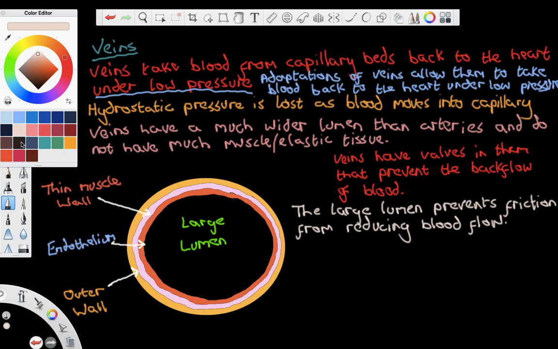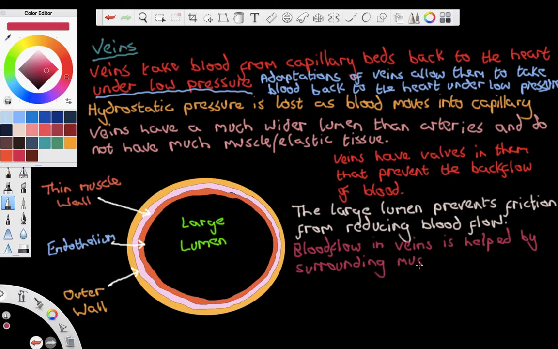Now this is very similar in veins. So we can say that blood flow in veins is helped by surrounding muscles contracting on them.